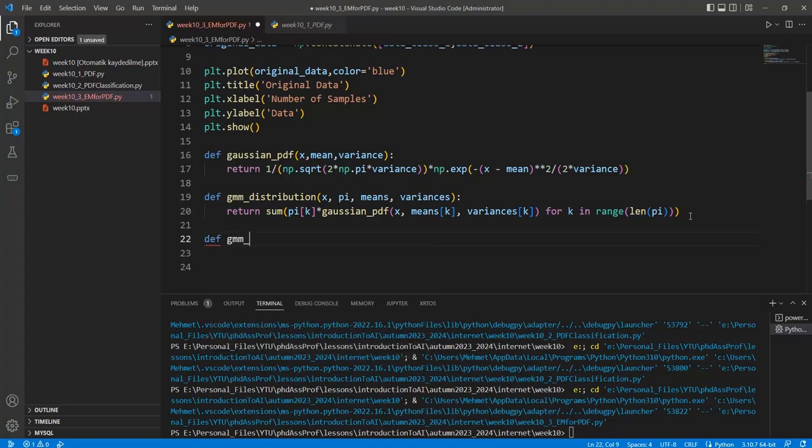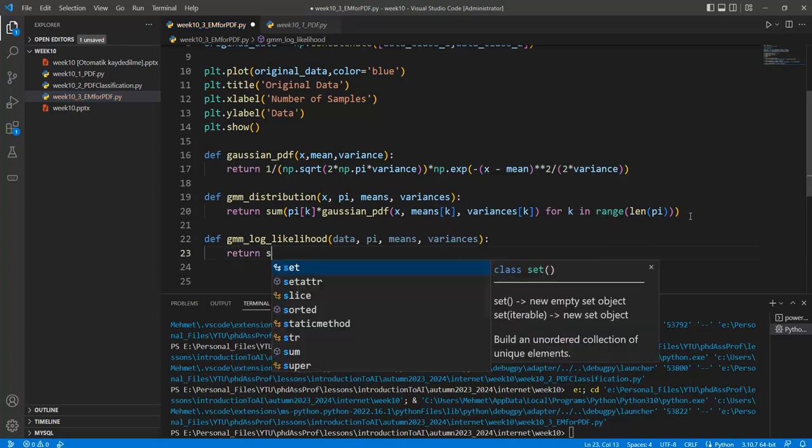Def GMM log likelihood, which means that this creates the joint probability, the summation of the whole probability in an area form, right? And log likelihood can be given with data, pi, means, and variance values, right? And we should return the what?